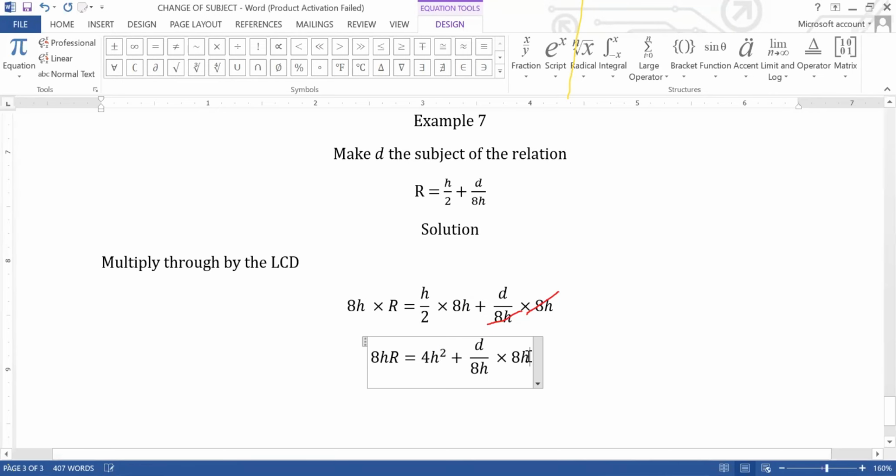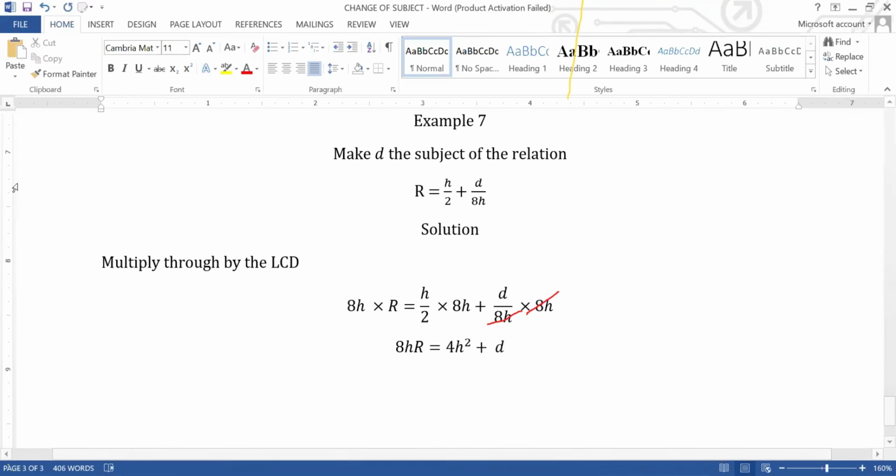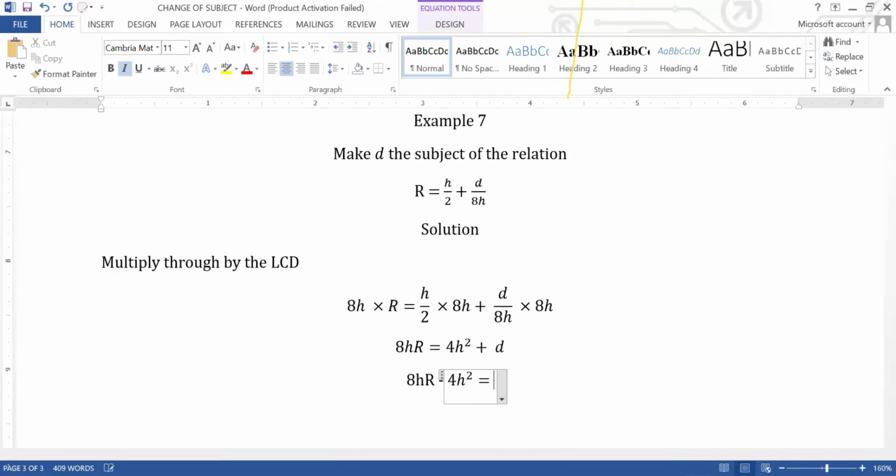So let me get that off. And I have d. So all that we have is now this. After we are done, we can now arrange and make d the subject. We have 8hr minus 4h squared, because you have to group like terms. It's equal to d.